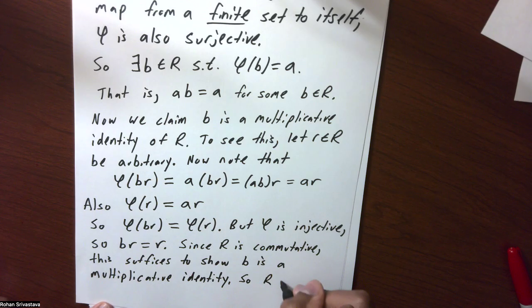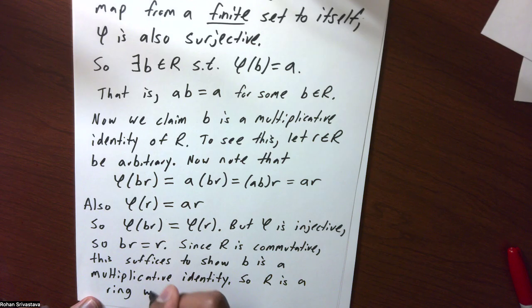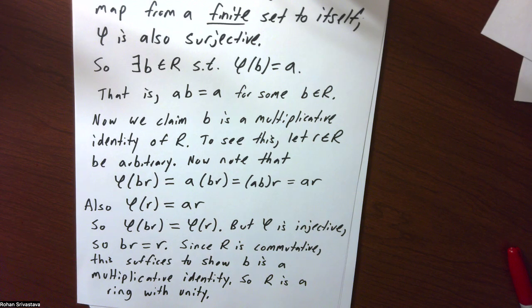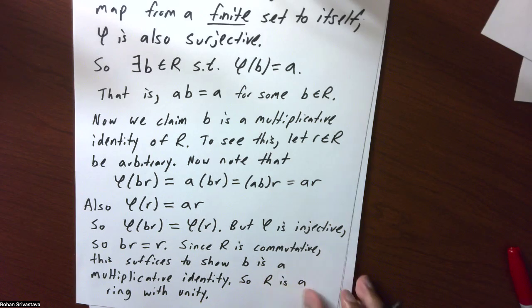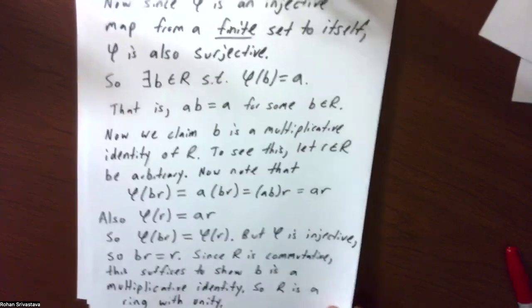So R is a ring with unity. Great. So that completes the proof of part A.